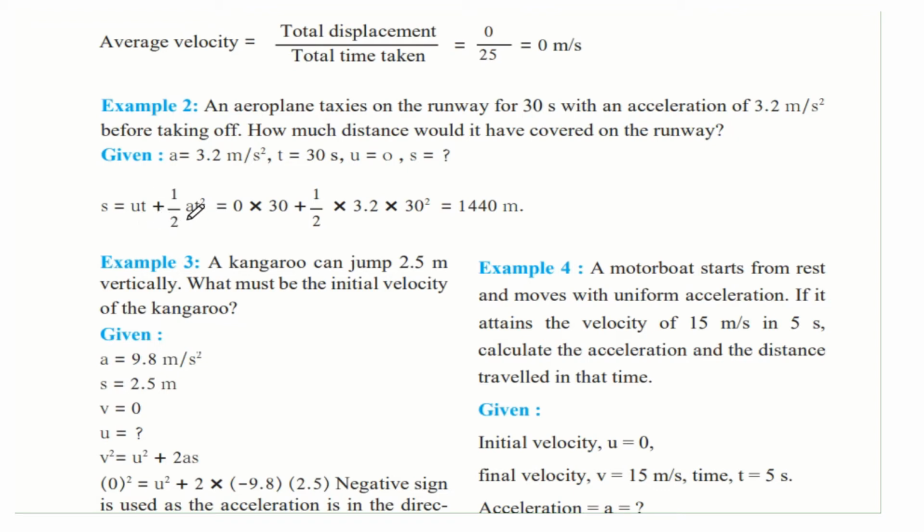And this formula has acceleration in it. So we just have to substitute whatever is given to us, and we get the answer of 1440 meters. So this airplane traveled 1440 meters on the runway for 30 seconds with acceleration of 3.2 meter per second square.